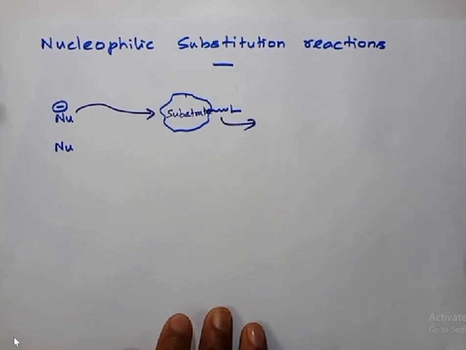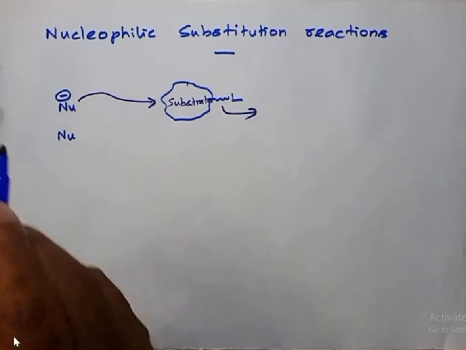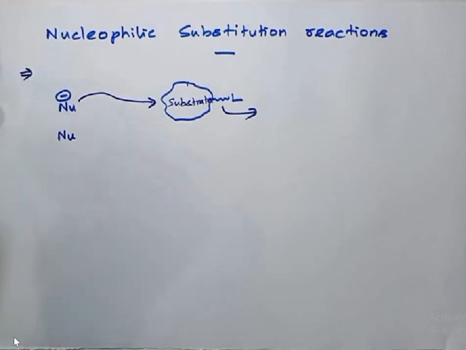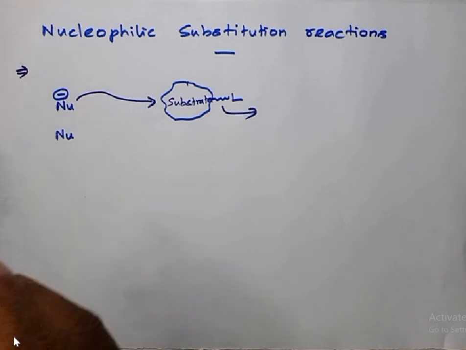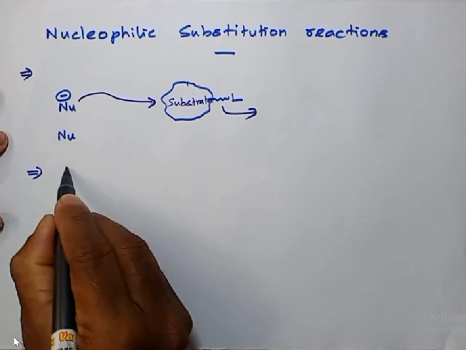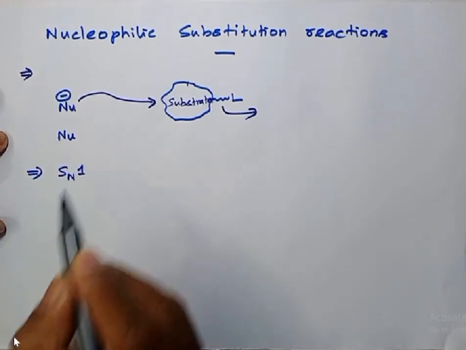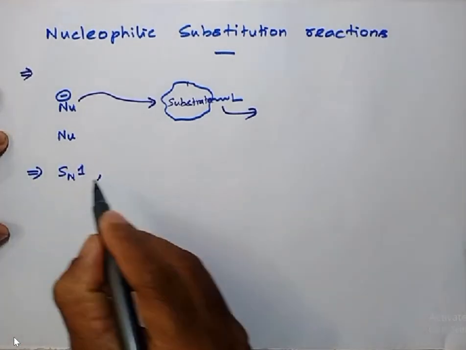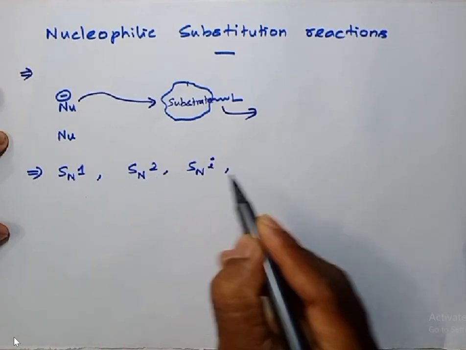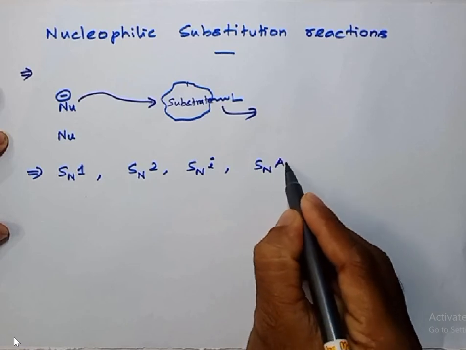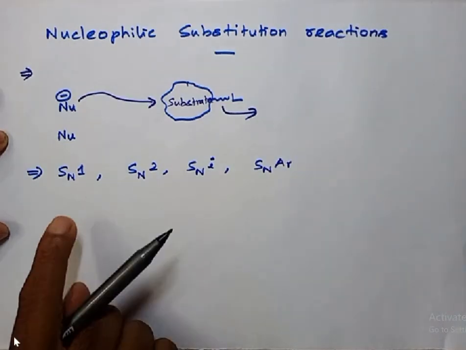In nucleophilic substitution reactions, I have told you there are many types, but we are going to discuss only Sn1. The types are Sn1, Sn2, Sni, and SNAr. What are these?